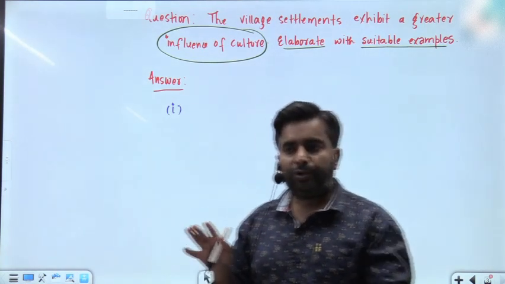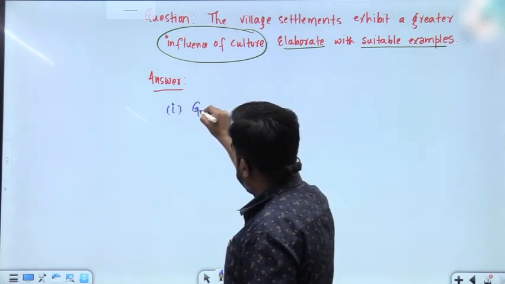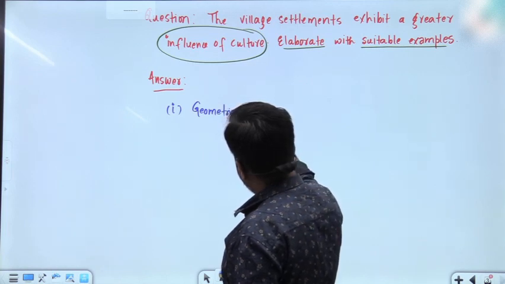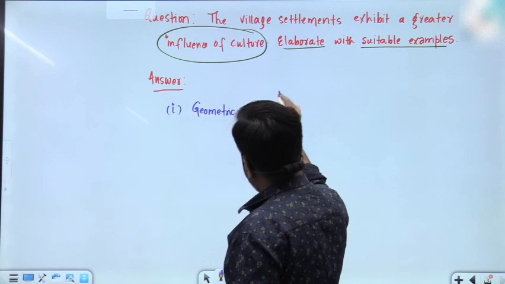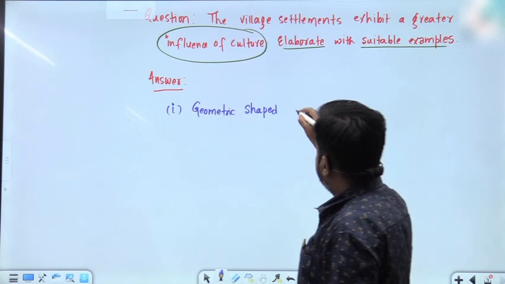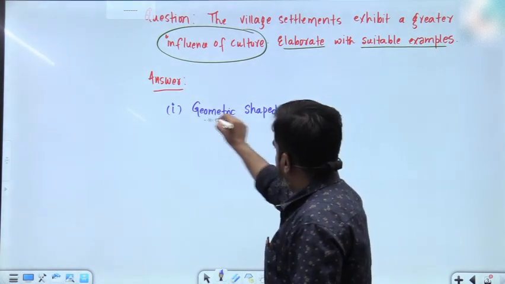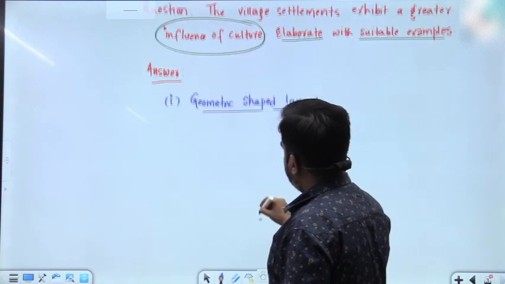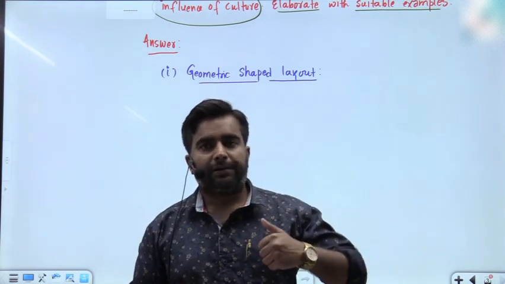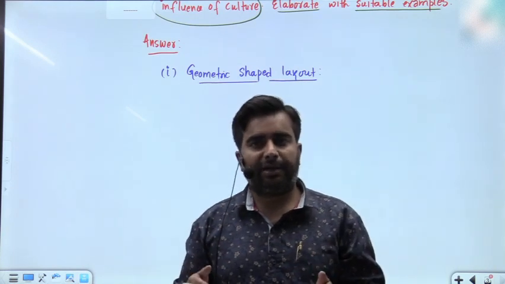ठीक है. So most of the villages have some geometric shaped pattern. ठीक है. They are geometric shaped layout. The way the village is. Okay. So geometric shaped layout, if you talk about some of the major areas, plains, or maybe southern part of the country where this Hindu religion was dominant and is dominant.